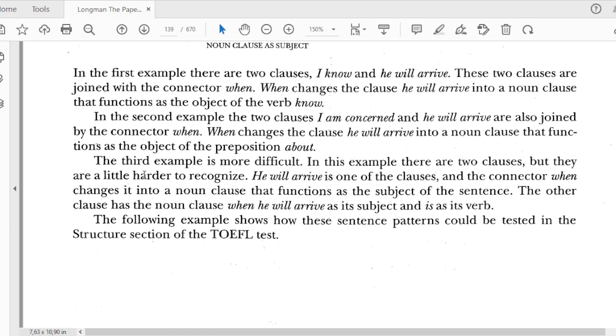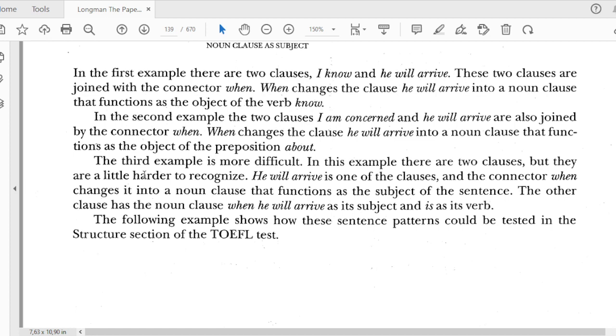In the second example, the two clauses, I am concerned and he will arrive, are joined by the connector when.